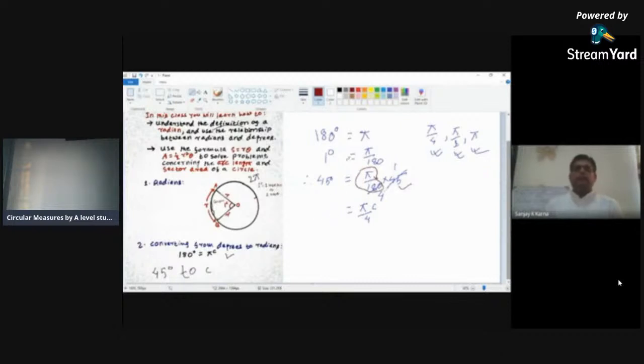In general, if you want to convert 60 degrees into radians, you can write 60 times pi by 180, and this value will be in radians. After solving it, 60 degrees equals pi by 3 radian. In this way, you can convert a given degree into radians.